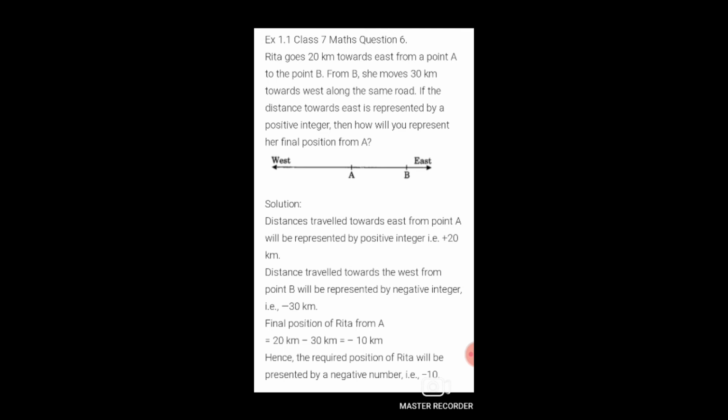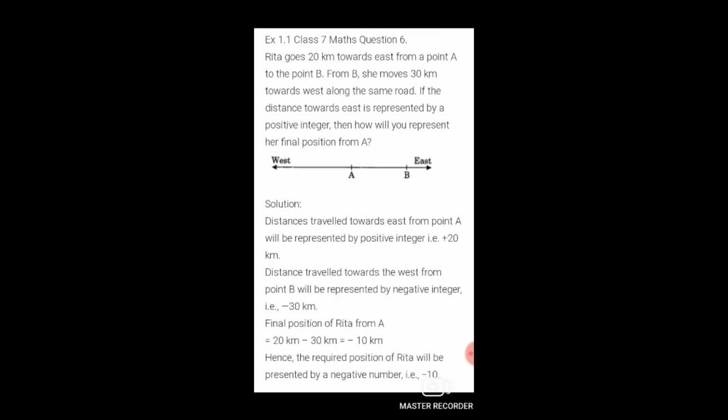Distance traveled towards east from point A will be represented by positive integer. So they have given 20 km, so we have to take it as plus 20 km. And distance traveled towards the west from point B will be represented by negative integer because opposite of east is west. So that's why we are taking it as negative integer, minus 30 km.